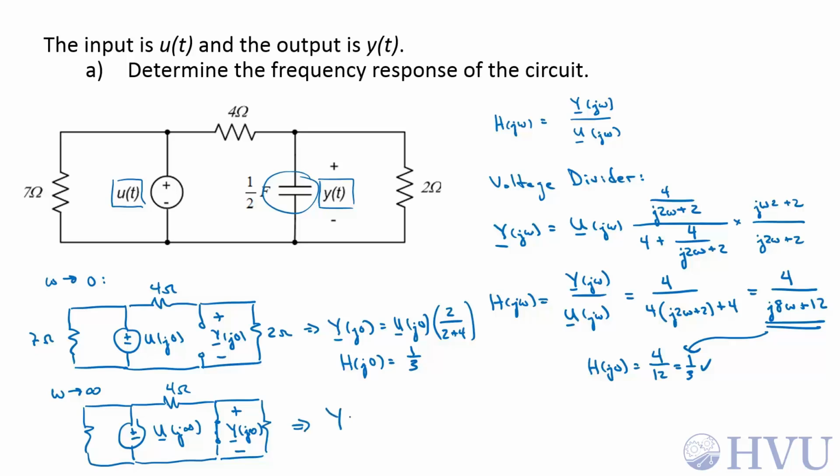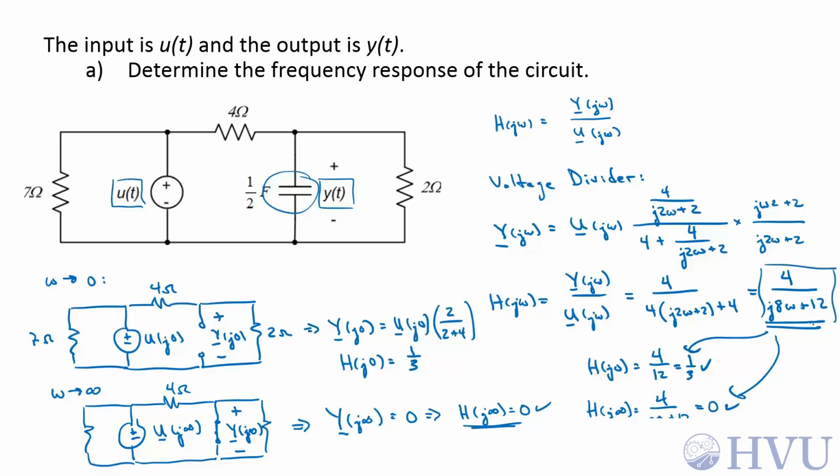So Y(j∞) is equal to 0. So H(j∞) is equal to 0. And if I plug infinity in here, H(j∞) is equal to 4 over infinity plus 12, which is just 0, which checks out. Looks like we're in good shape and we have a usable frequency response.